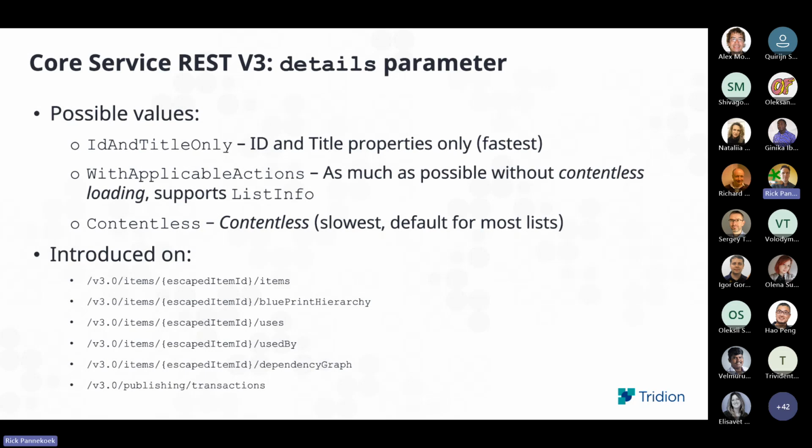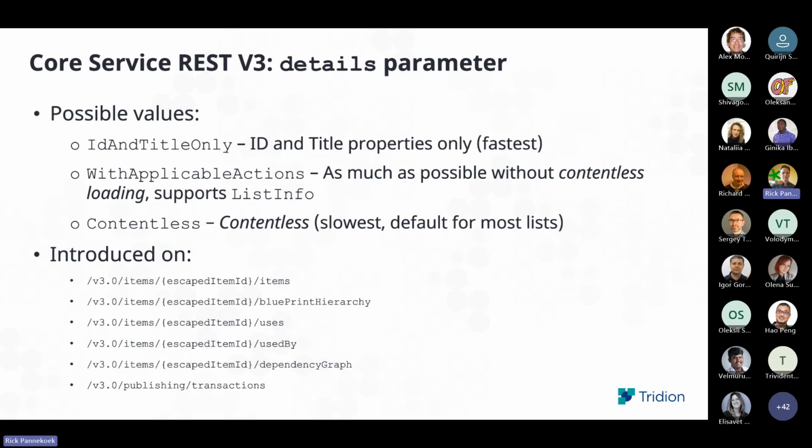The only exception is the only new API we introduced in the v3 API version, the dependency graph, which we'll get back to later. That defaults to ID and title only, just because it can be so big that it's the safer default.